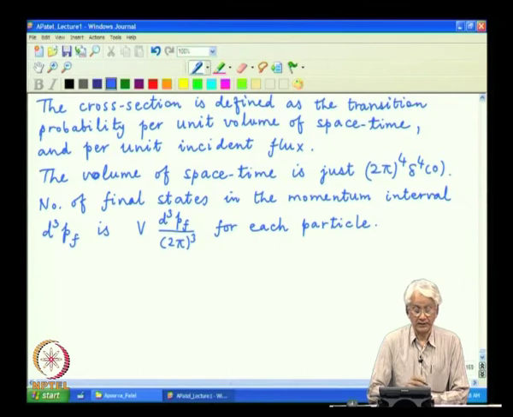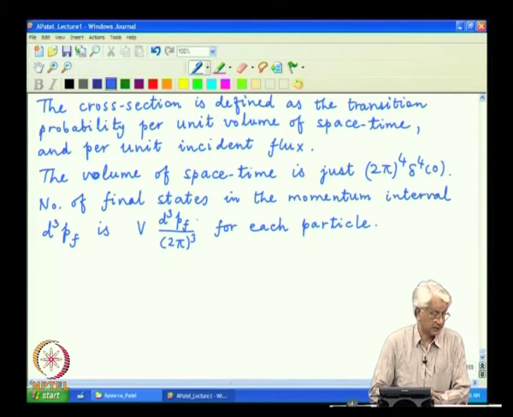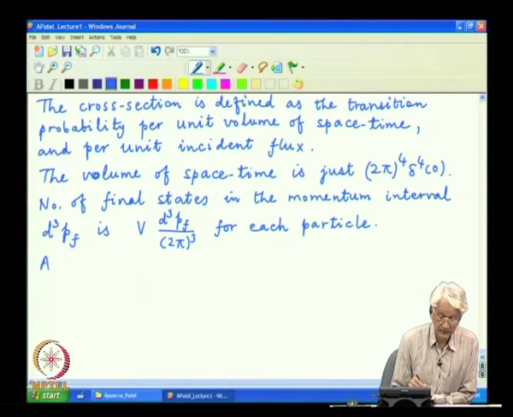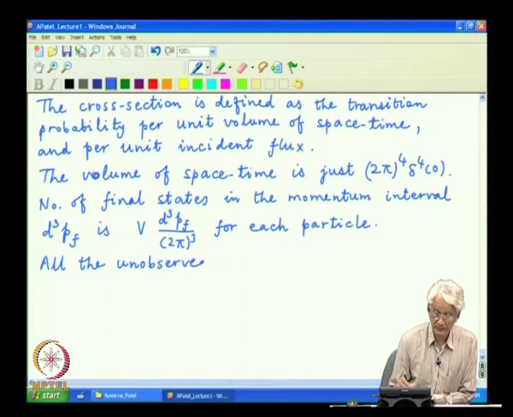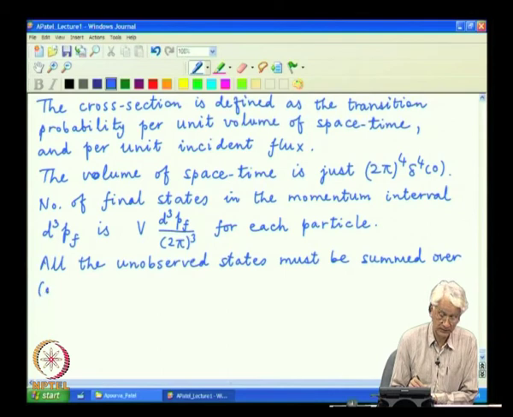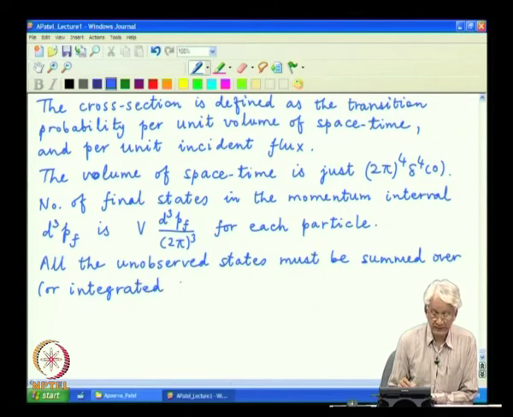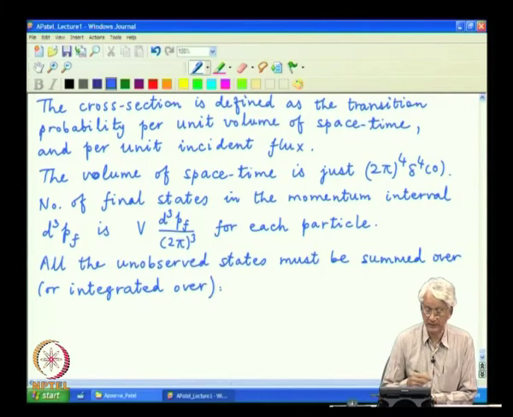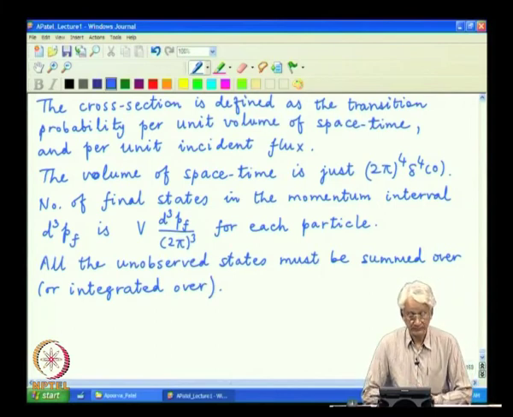So, every observed object in a certain interval will bring in a certain volume, and all the unobserved states must be summed over, or one can say integrated over, because they are allowed to take any arbitrary value consistent with the constraints which are inherent in the expressions of delta functions.